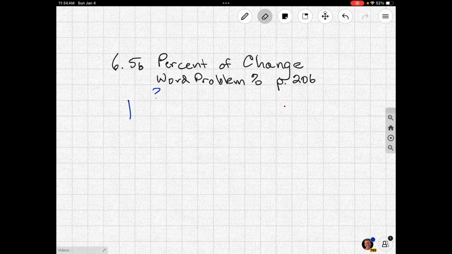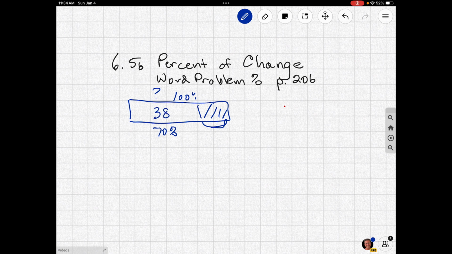If this is 100%, they used up 30%, and what was left was 70%. And the 70% is 385 centimeters.